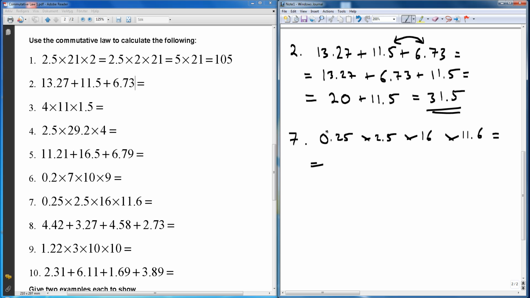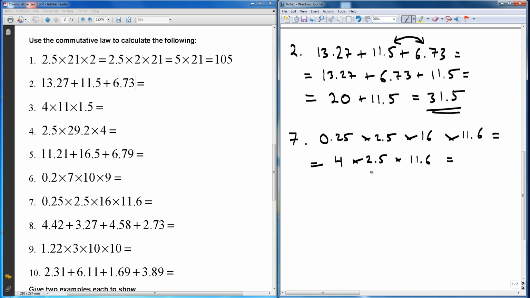How about this one times this one? 0.25 times 16, that's 4. So I just write 4 here, and then this is the same, and this is the same as before. So times 2.5 times 11.6.